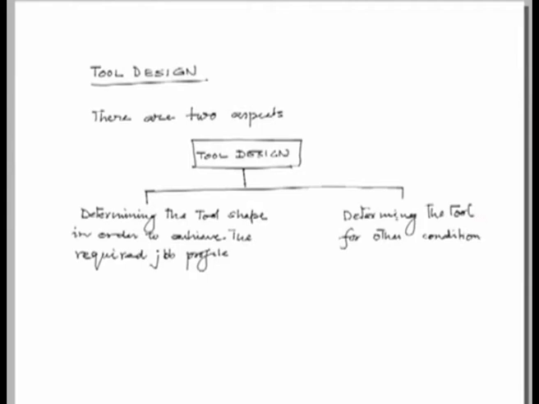These other conditions may be, say, flow of electrolyte, electrolyte strength, etc. Now, here let us consider the primary task of determining the tool shape. We will mostly consider the determination of the tool shape in terms of a mathematical equation.